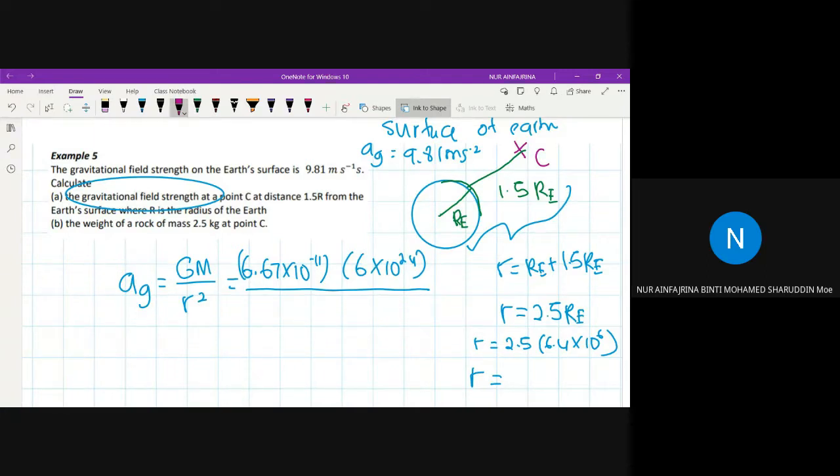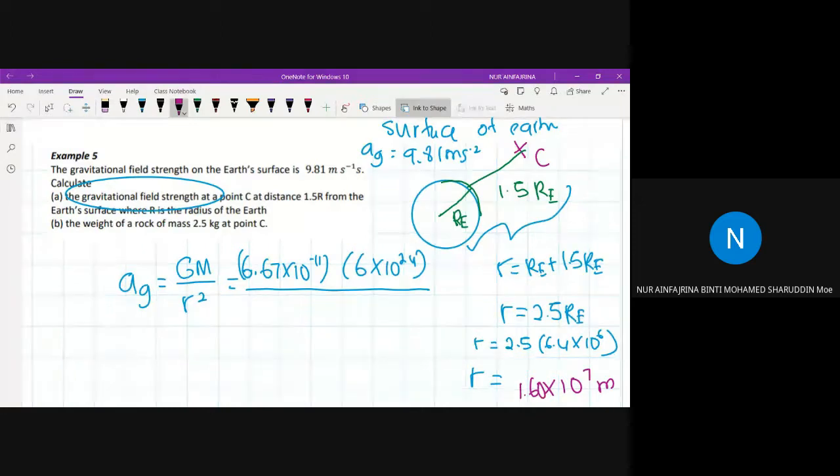Okay, so 1.6 times 10 to the power of 7 meter. Okay, boleh? Alright, so 1.6 times 10 to the power of 7.